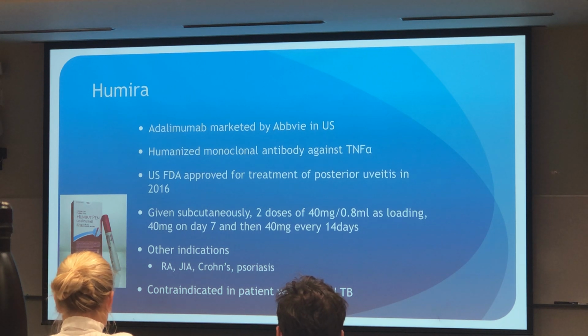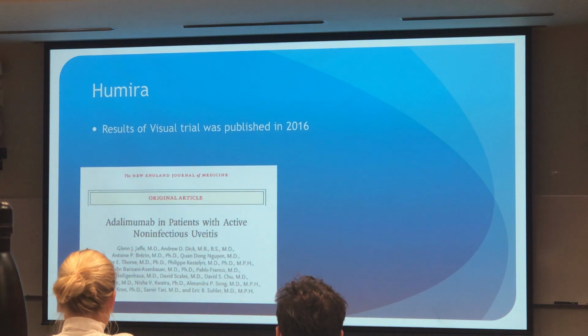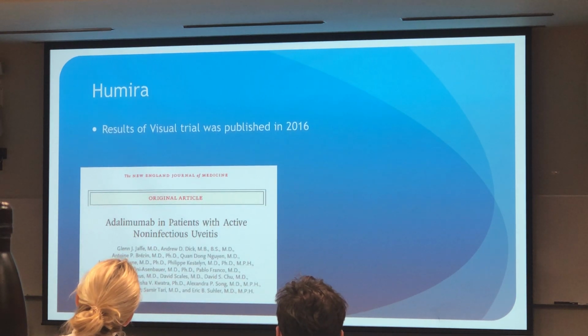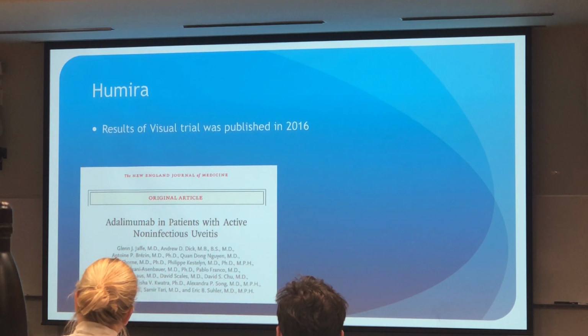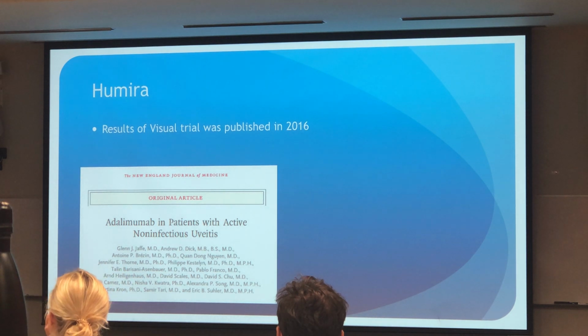In general, it's contraindicated in patients with MS and TB. This is one of the two papers that came out in 2016 where Quan and I were both involved, for the data that was submitted to the FDA for the approval of adalimumab.